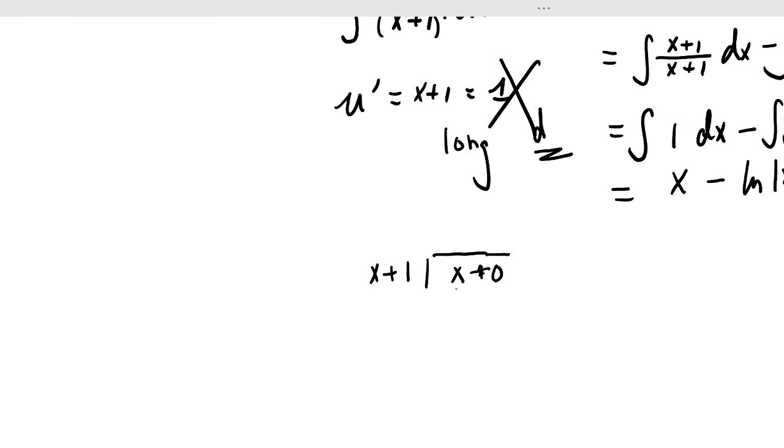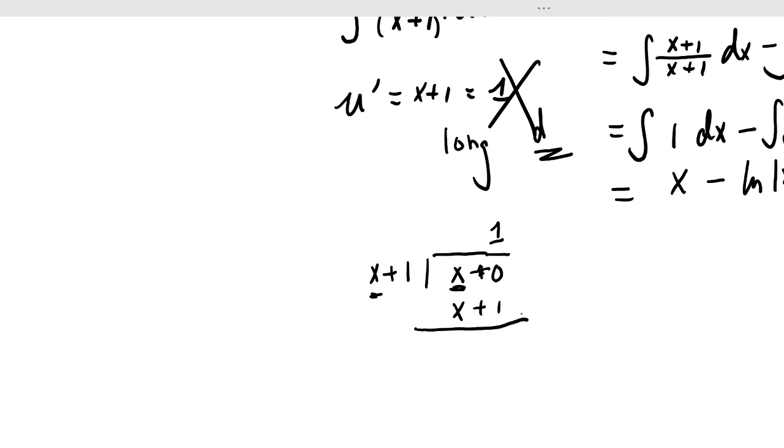In order to make a division, we have to have the same x. So here it is the same, so it's going to be 1. So 1 times x is x. 1 times 1 is 1. It depends on how you learned before.